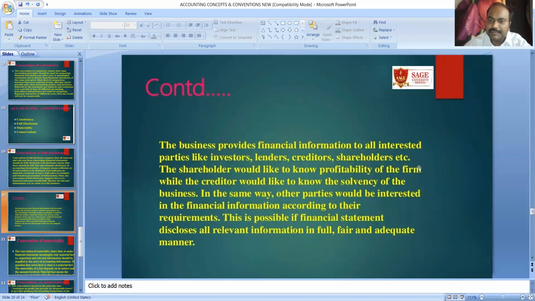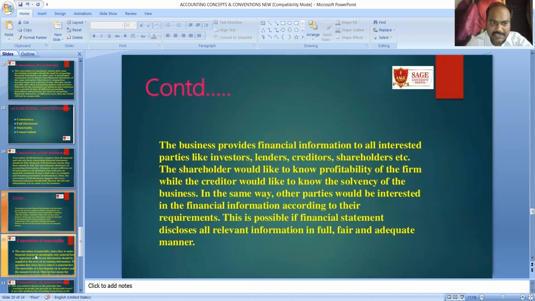And this is possible if the financial statement discloses all relevant information in a full, fair, and adequate manner. So, full disclosure means that we have to disclose all the material facts because there are many stakeholders who are dependent on this information, like investors, lenders, creditors, shareholders, even the employees also. So that is the convention of full disclosure.